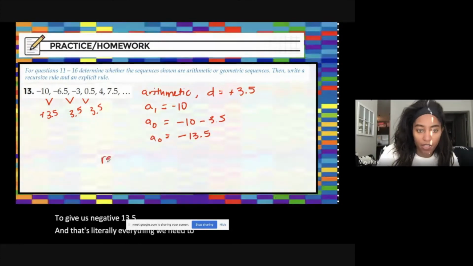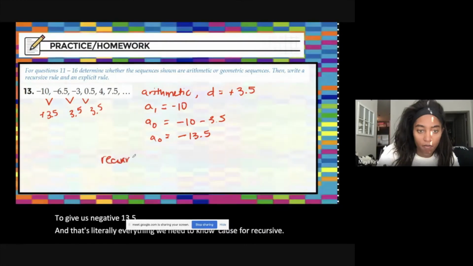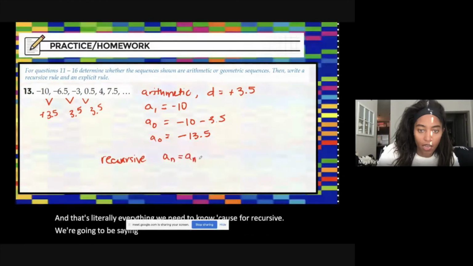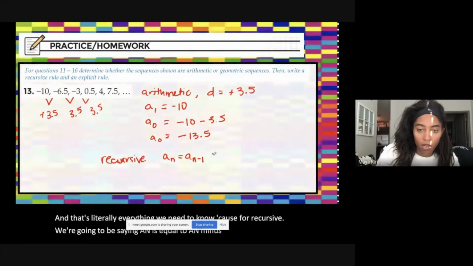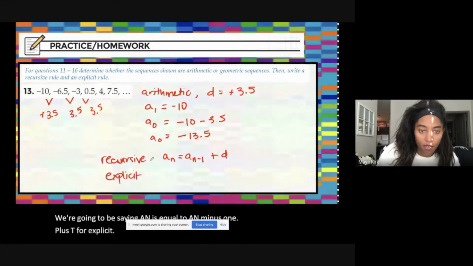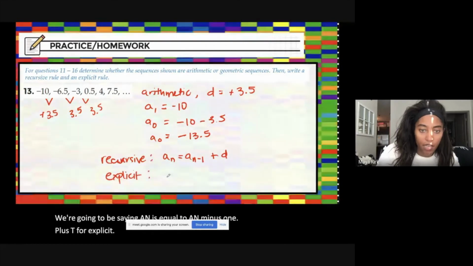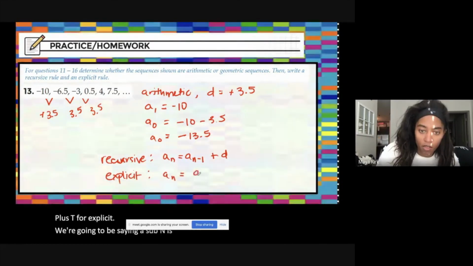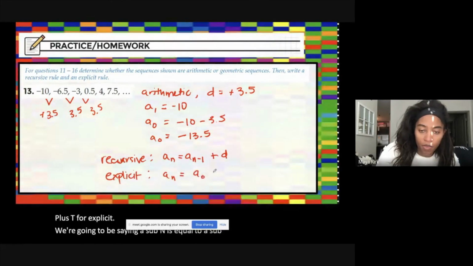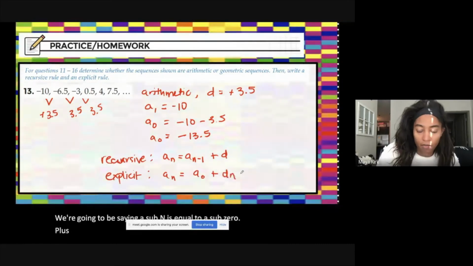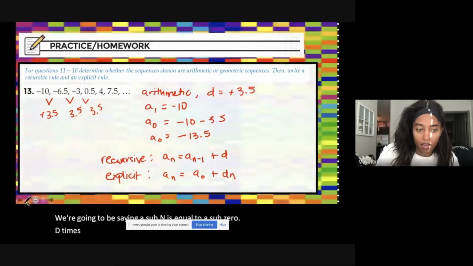Because for recursive, we're going to be saying AN is equal to AN minus 1 plus D. For explicit, we're going to be saying A sub n is equal to A sub 0 plus D times n.